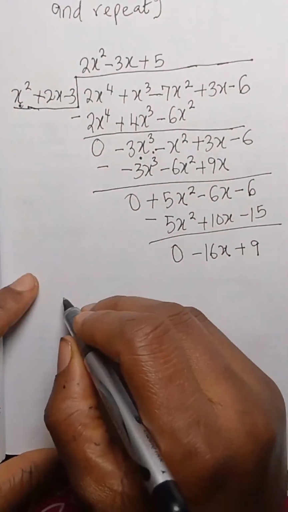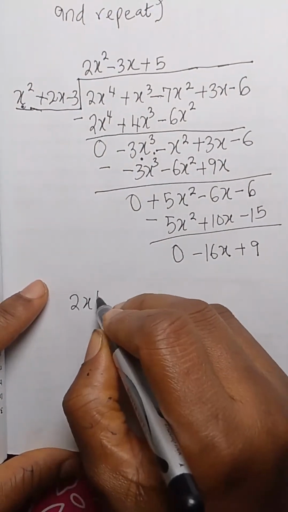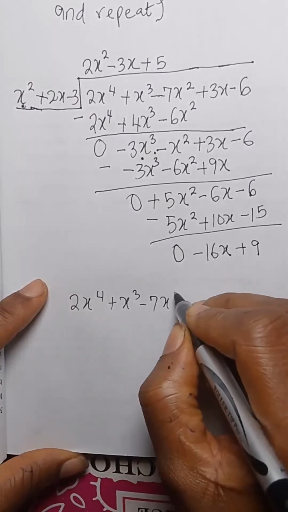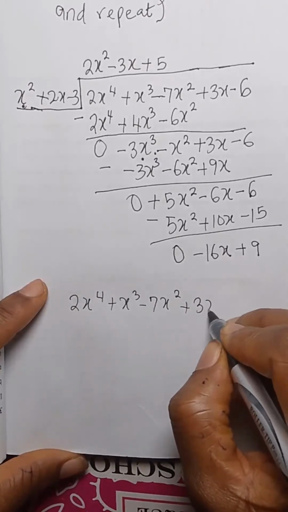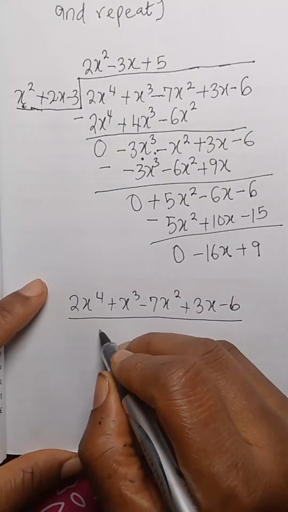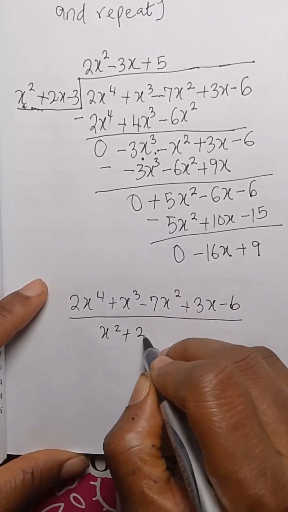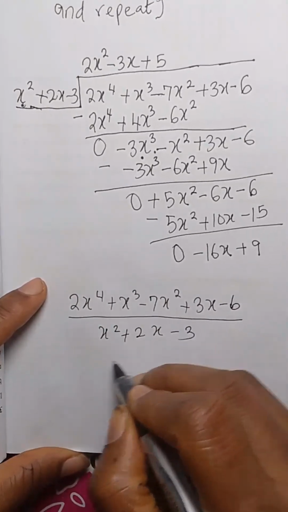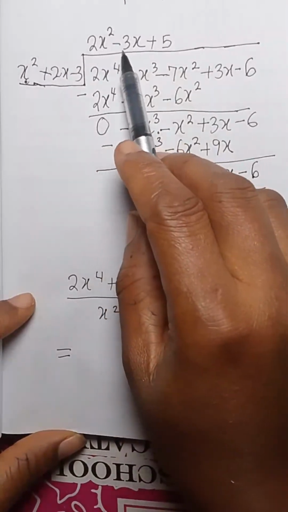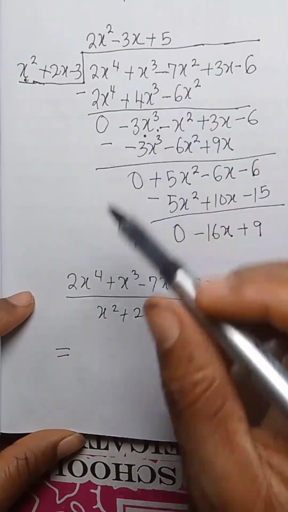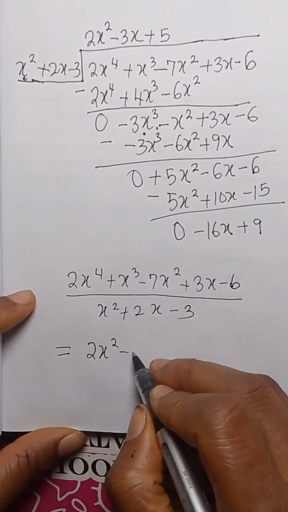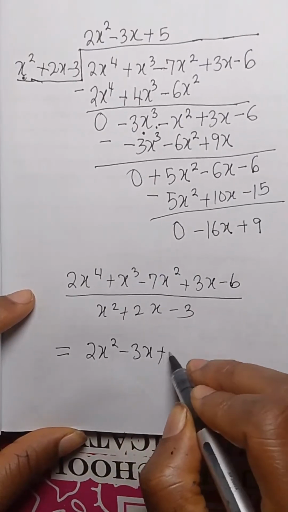You now write that 2x to the power of 4 plus x to the power of 3 minus 7x squared plus 3x minus 6, divided by x squared plus 2x minus 3, is equal to, now our answer is, we are going to pick the first numbers we have here. That is 2x squared minus 3x plus 5.